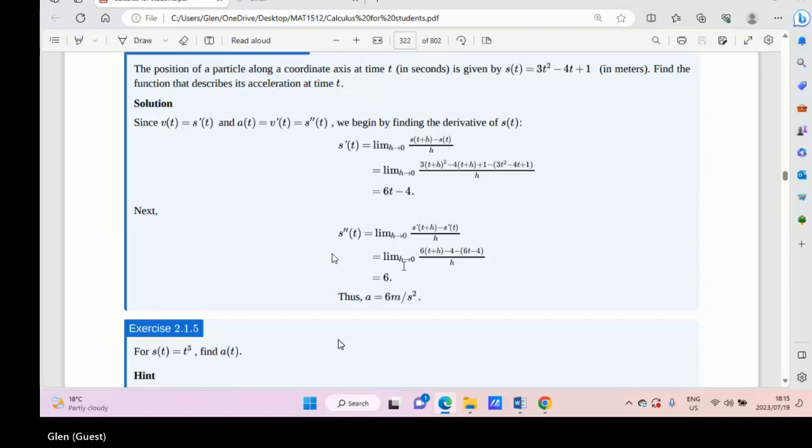And then what canceled there? Let me see. Oh, 3t squared minus t squared gave us 2t squared plus 6th plus 3h squared over h, and then I isolated the h, and I got 6t.